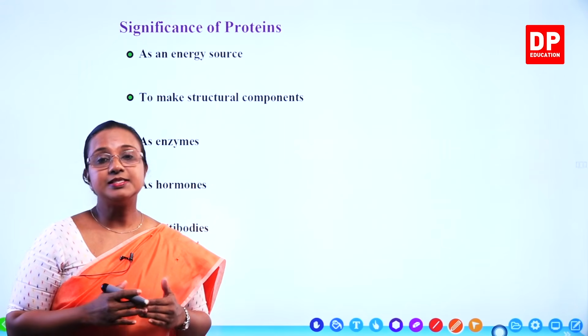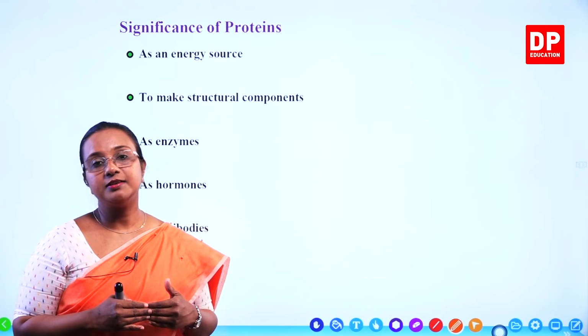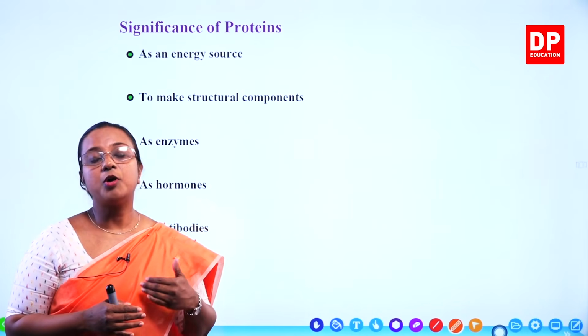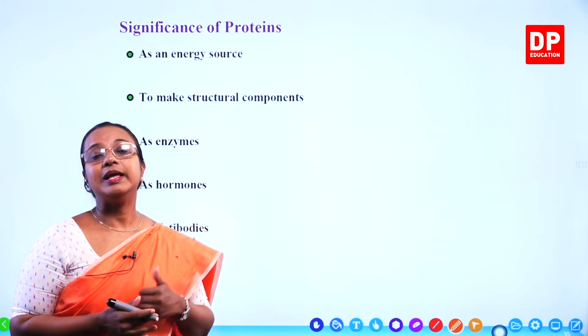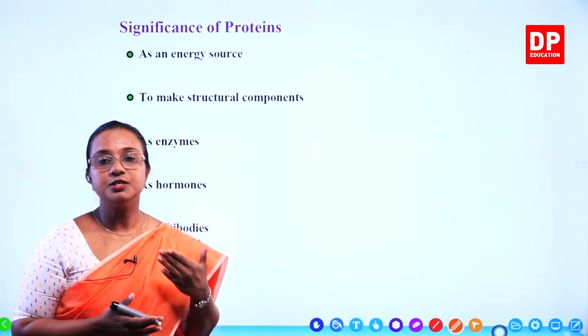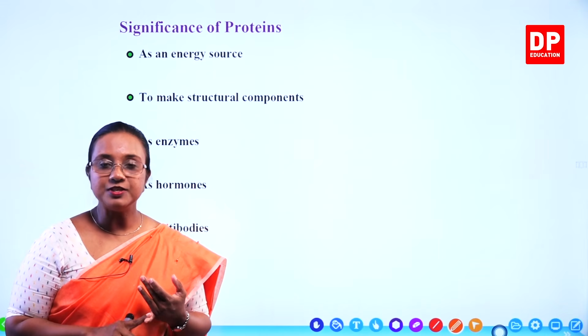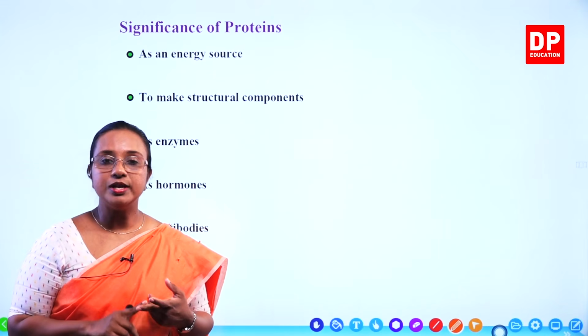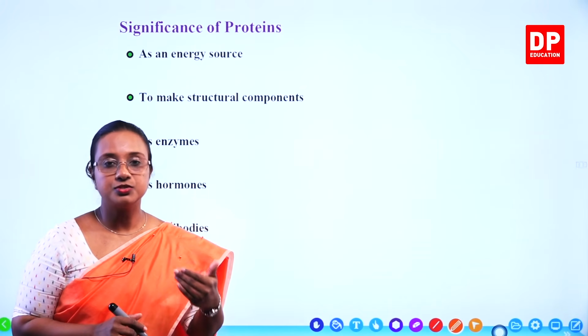But at an instance where there is not enough carbohydrates or lipids in the body of a living organism, then the protein will act as an energy source. Only when there is insufficient carbohydrates or lipids, protein will act as the energy source.